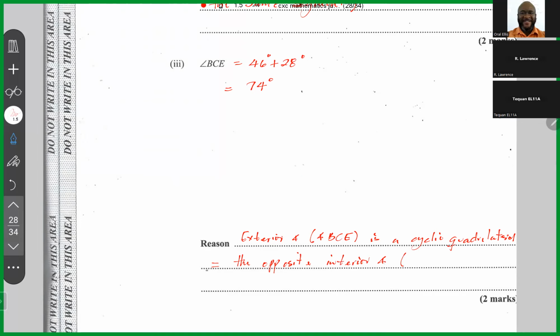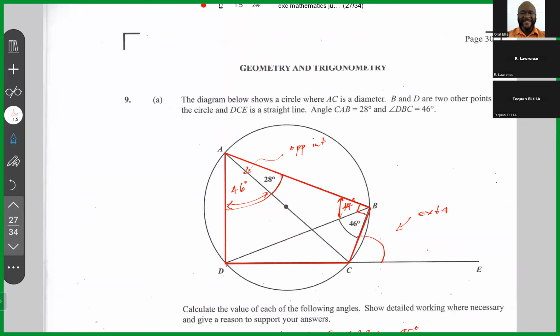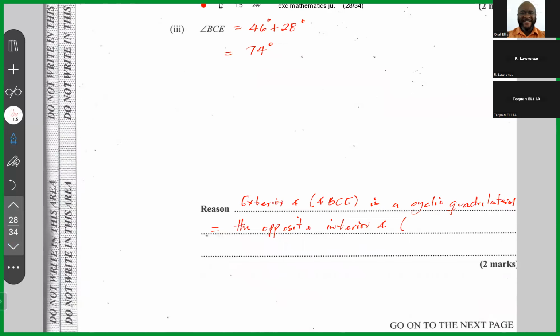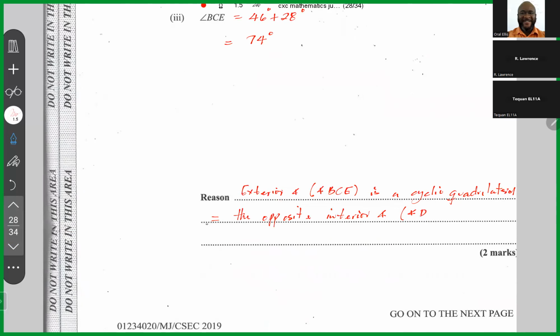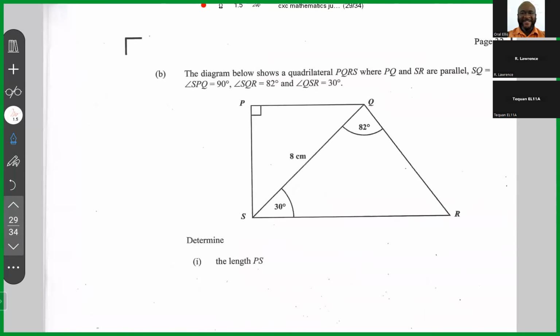And the opposite interior angle is angle DAB, which is equal to 46 plus 28 degrees. All right, so I got my answers and gave my reasons. Move on to the B part of the question. Just looking to ensure we're not missing anything.